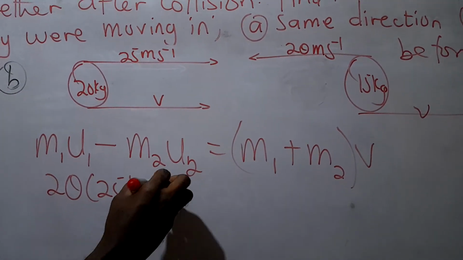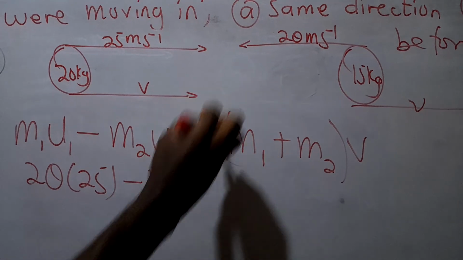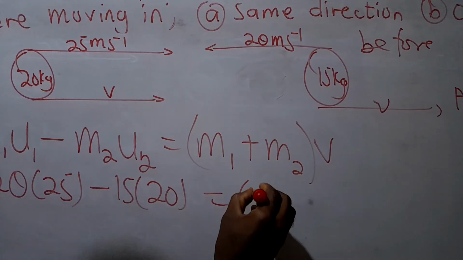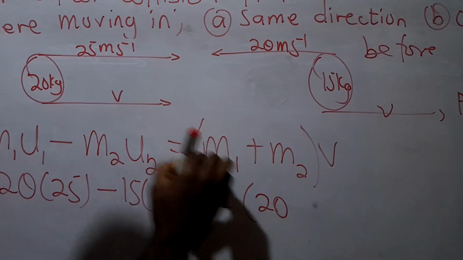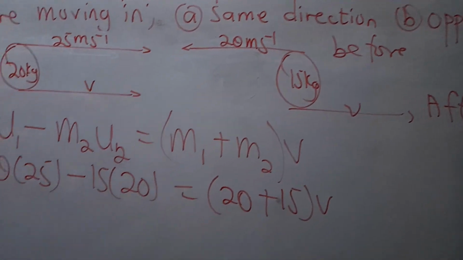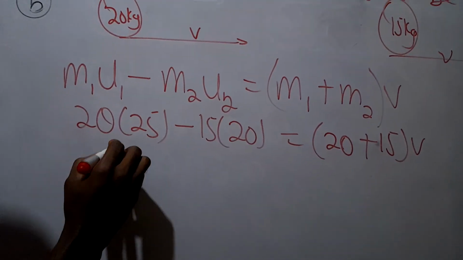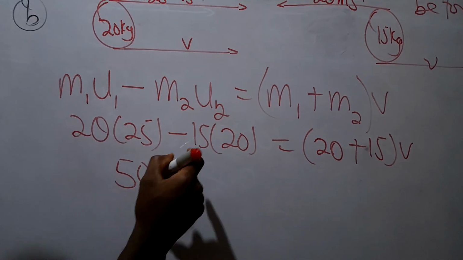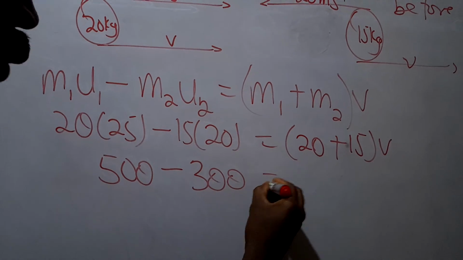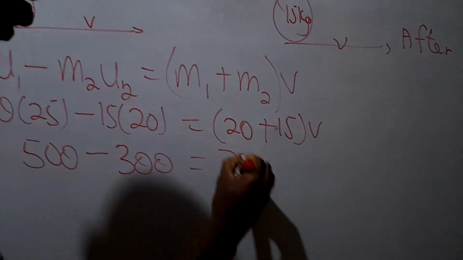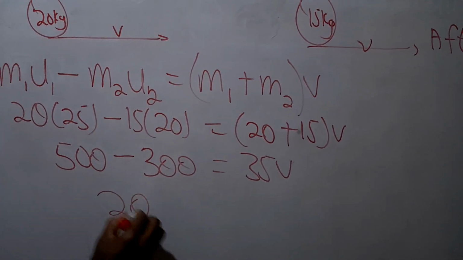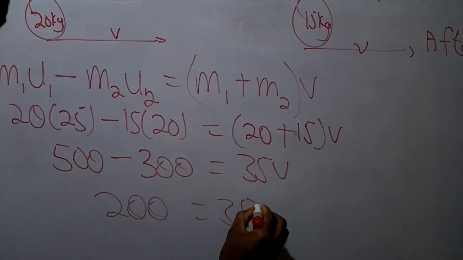Then our m2, which is 15, times the initial velocity there, 20, will be equal to 20, the mass of the first, plus the mass of the second, 15, times the common velocity. 20 times 25 is 500 again. 15 times 20 will be 300, and is equal to 35v. 500 minus 300 will be 200, and is equal to 35v.